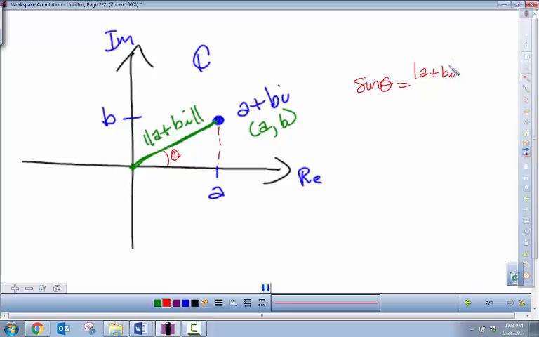Wait, opposite over, it's B, right? Or A? B. Yeah, we should have done cosine first. That's what I wanted to do, but we're here. And the cosine.